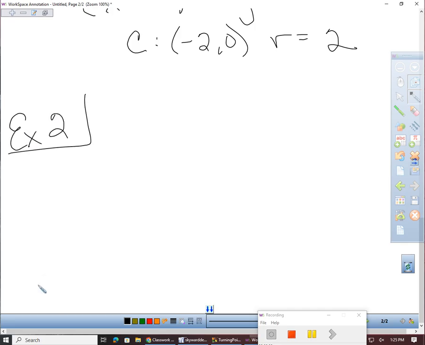All right, so let's do one a little bit different. Okay. Let's do one like this. What if I have r equals -2 cosecant theta?